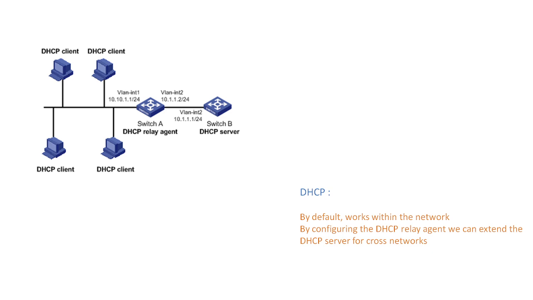The DHCP relay agent takes the DHCP broadcasting packets, converts them to unicast and passes that packet to the other location, so that the other end of the router can talk to the DHCP client and exchange the information. That's how the DHCP relay agent helps you leverage the existing DHCP server for a different network.